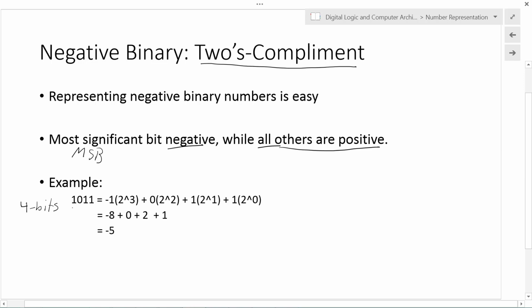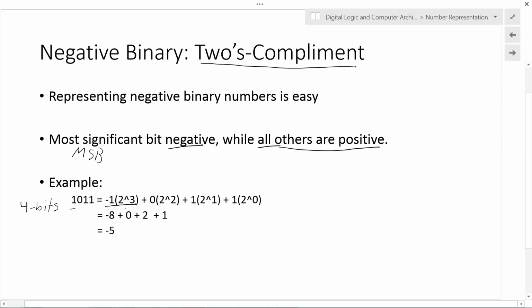bits. Okay? And if we look at the most significant bit, we're going to say that this is representing a negative number. So 2 to the 0, 2 to the 1, 2 to the 2, 2 to the 3. So negative 1 times 2 to the 3.